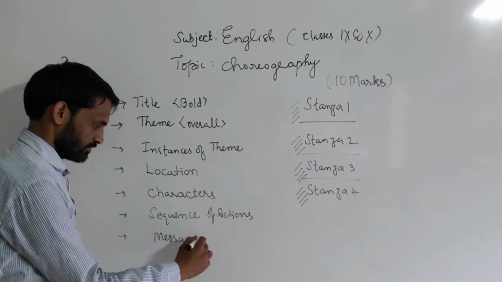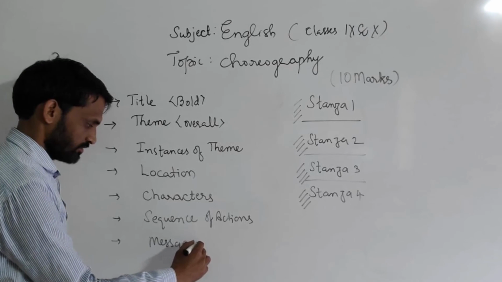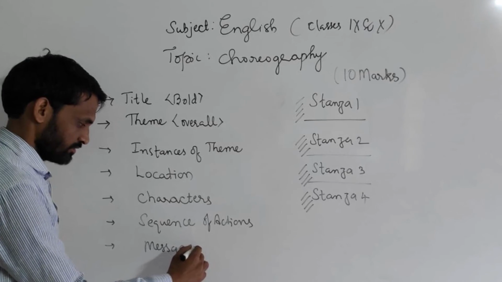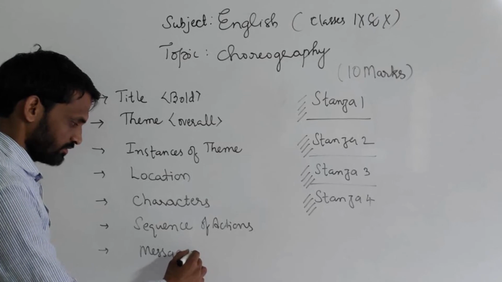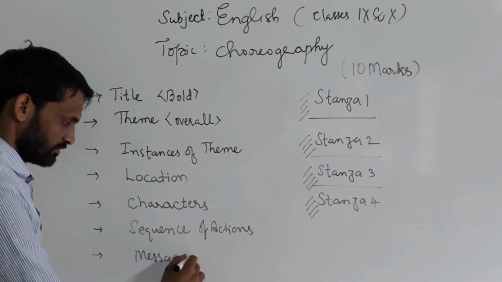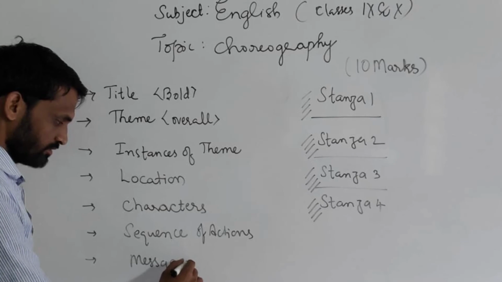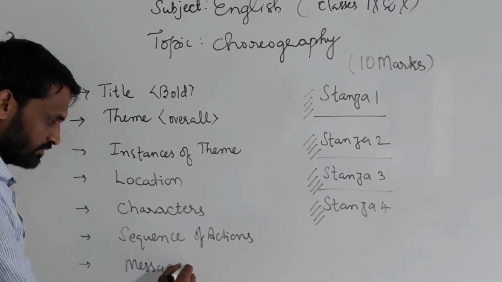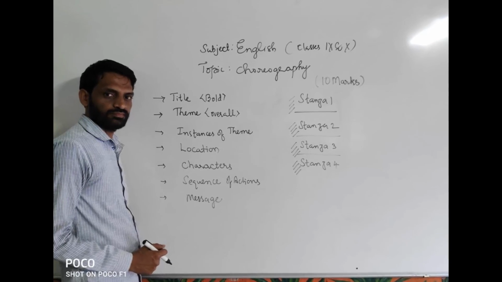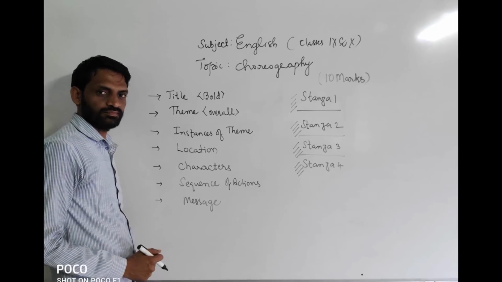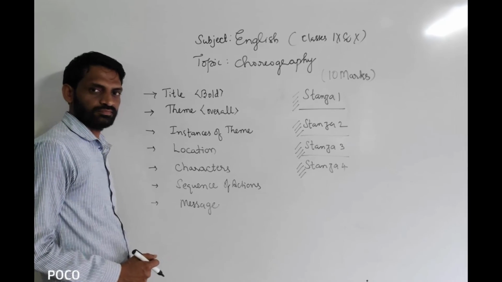But message is not about that. It is about what you have understood about the poem, what kind of lesson you have learned from this particular poem. It appears as if you're writing a moral of the story.